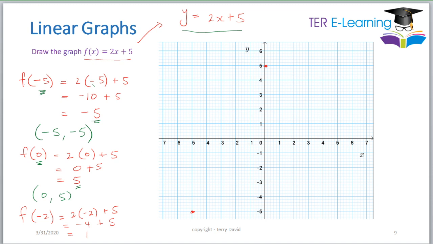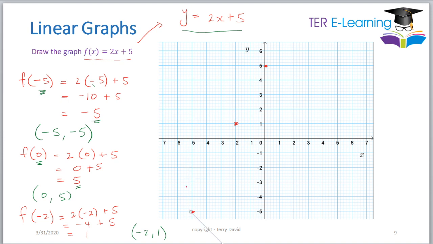So therefore the point that I'm going to plot is going to be minus 2, 1. Alright? So I'm using 3 points here, three coordinates in order to try to plot this graph. So this value here is minus 2, 1, which is this. So I have 3 coordinates. So what I want to do now, I want to draw a straight line.